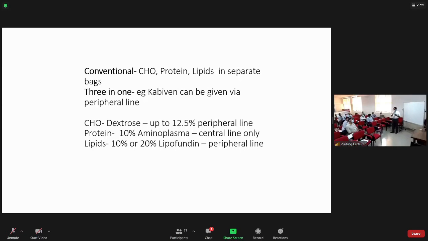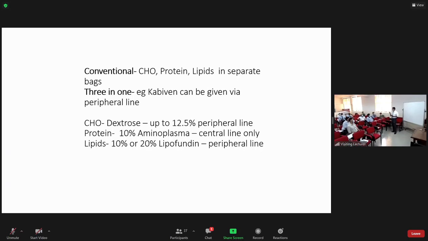Yes, but we mix it and provide. But in conventional parenteral nutrition, we give in separate bottles. I don't know whether it is practiced here, but when we were students and interns, we didn't have Kabiven. And that is not tailor-made.